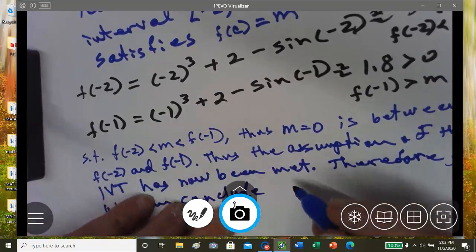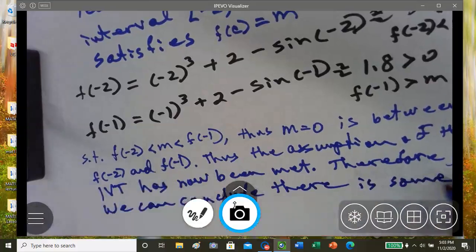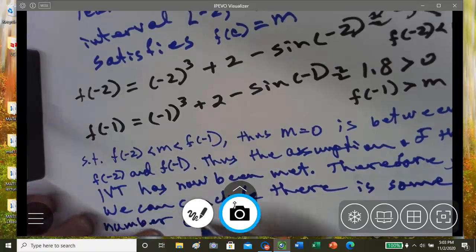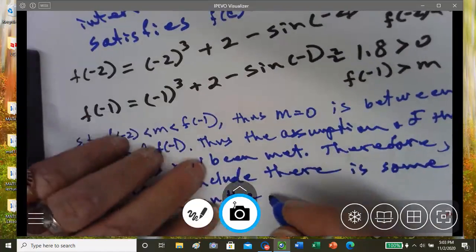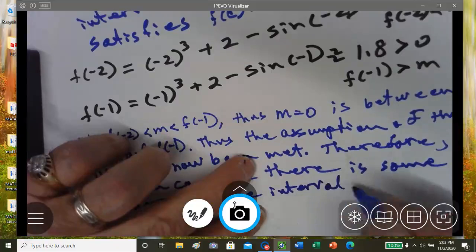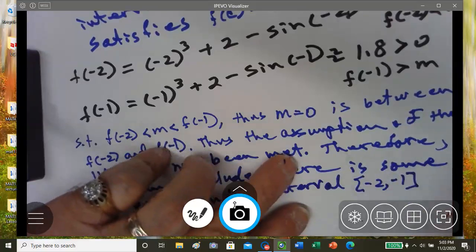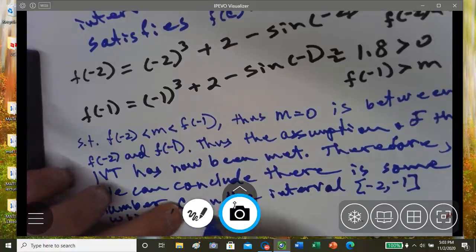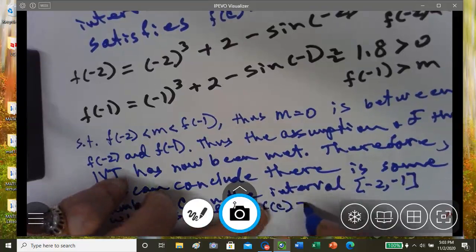there is some number c on the closed interval from -2 to -1, which satisfies f of c equals m.